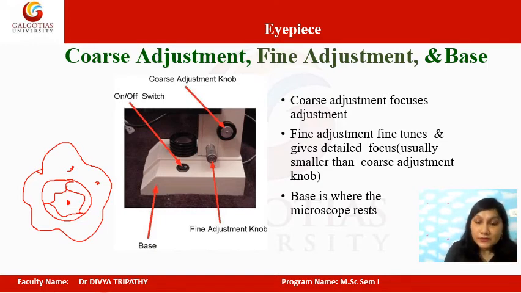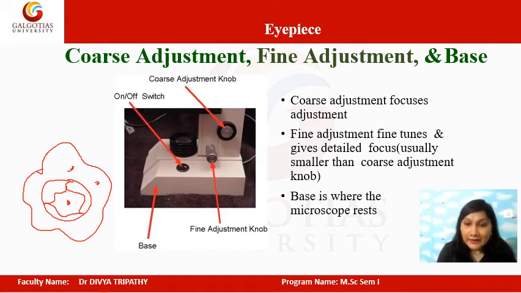The first knob is used to define the distance of the objective lens from the object to get the image, and then the fine adjustment knob is used to get the detailed information of the object in a more clear manner. And this is the base of the microscope. You can see this is the base. This is the part of the compound microscope where the whole microscope rests.